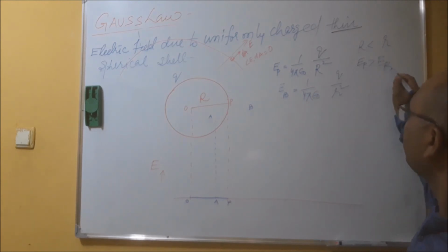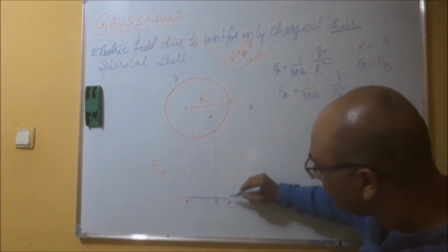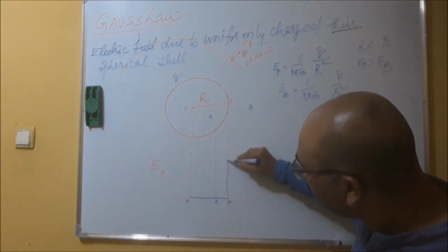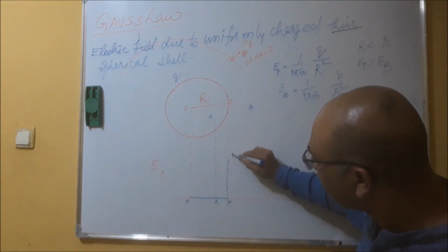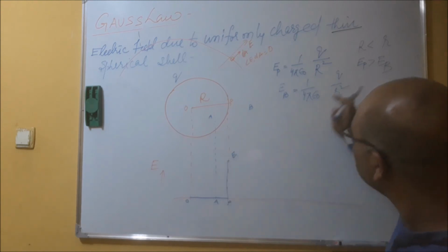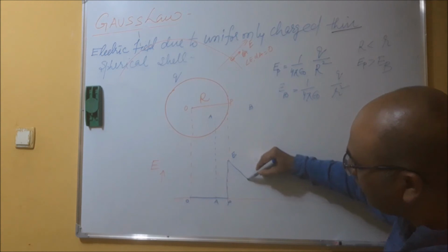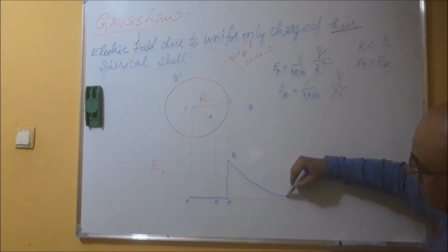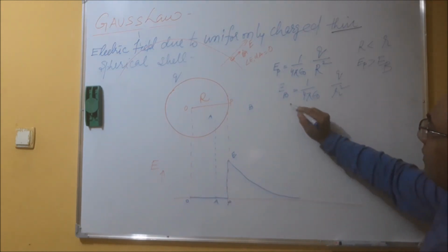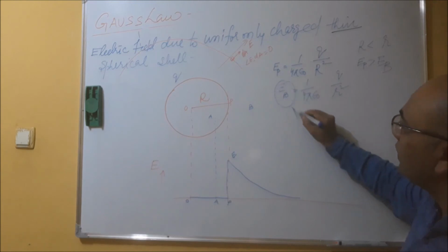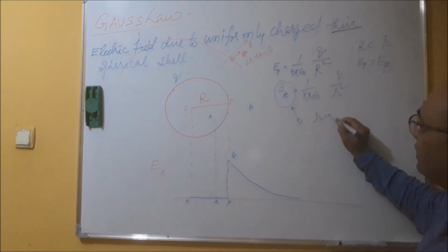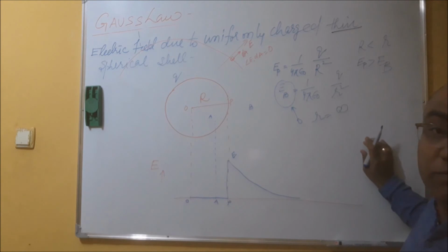What does this mean? From point P, we have the highest value of electric field. And since we are moving away, the value of electric field will go down like this. The value will be 0 only when R is infinity.